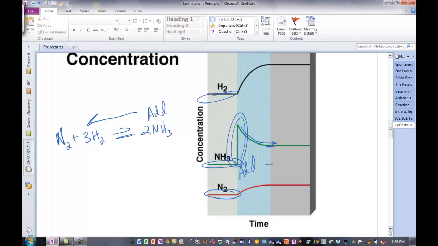My lines keep disappearing. Okay, so it's going to partially offset the stress. Note, since it shifted left, my nitrogen concentration goes up. It's shifted to produce reactant. My hydrogen concentration goes up. It shifted left toward reactants. You'll notice, once again, concentrations are no longer changing with time.